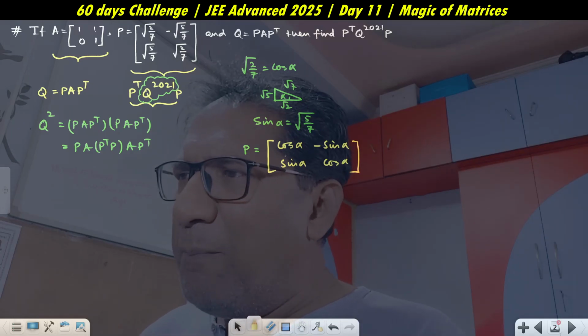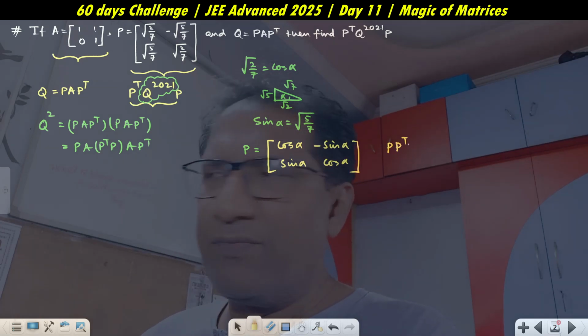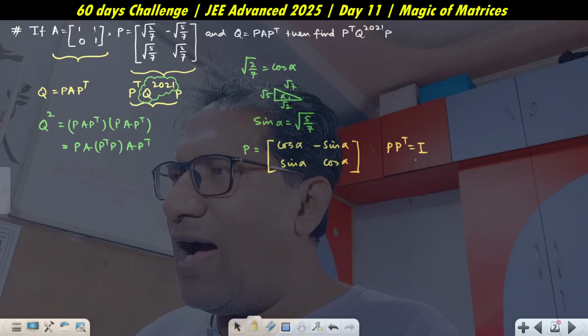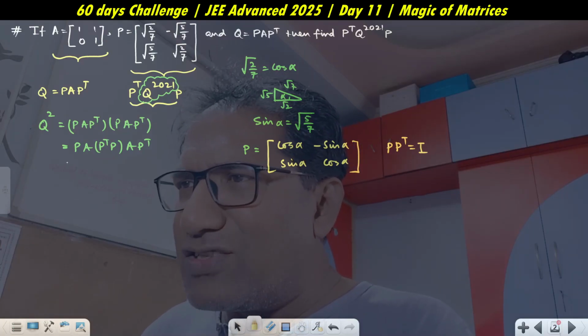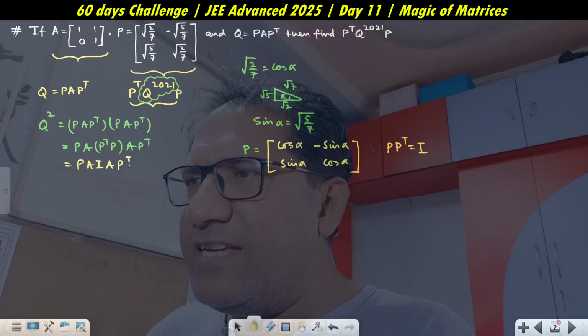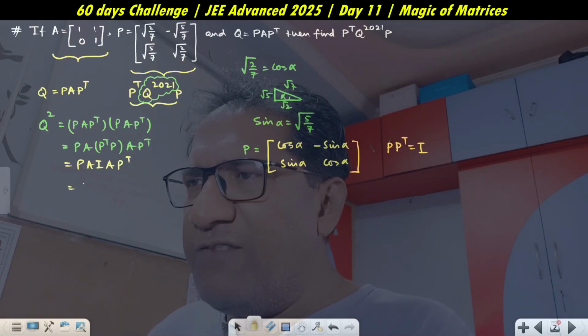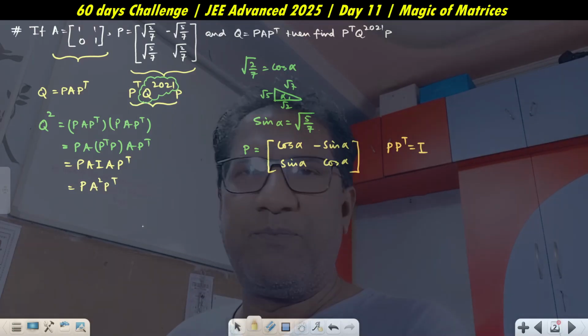We know that when P is this, your P transpose is nothing but your identity matrix I. So in this case, straight away I will write Q equals P A P transpose. So Q squared is P A P transpose P A P transpose, and P transpose P is I, so it is P A squared P transpose.